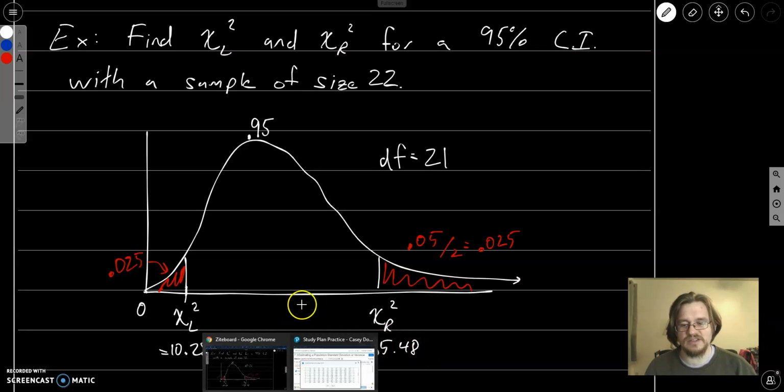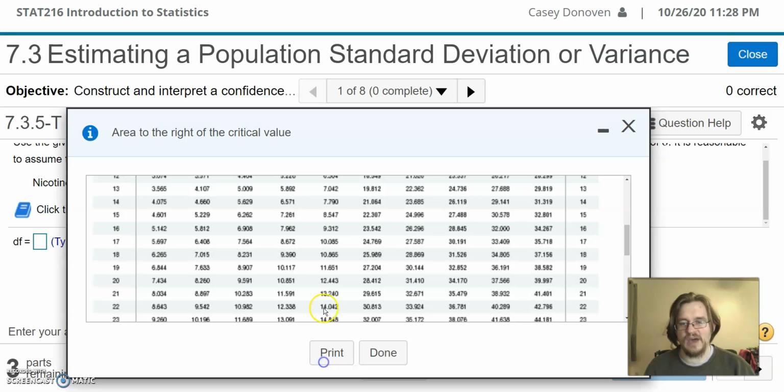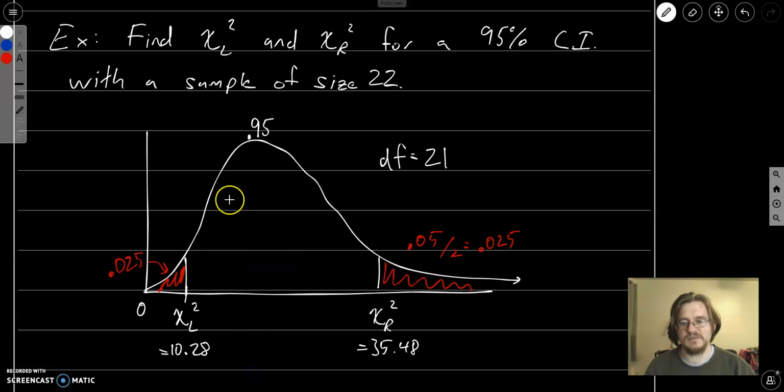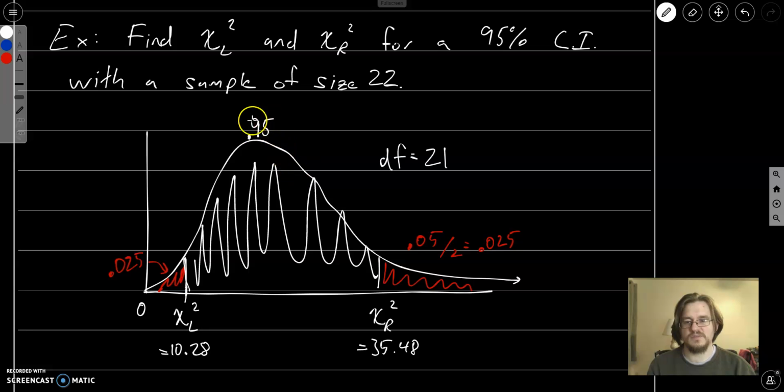So that matches. Now, our chart only talks about area to the right of the critical value. So if I come back to this picture, what I should do is look at the area to the right of this left critical value, which will include all of the area in the middle, the 0.95, plus this 0.025 coming off the right-hand side, to give 0.975.